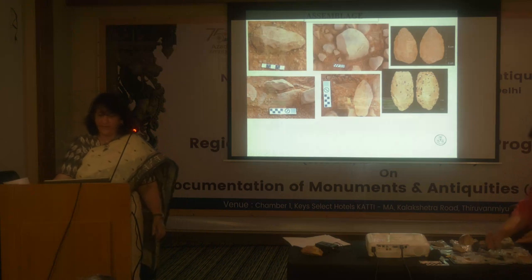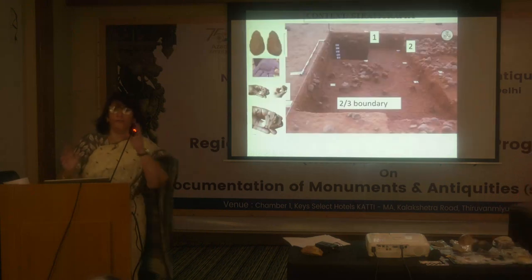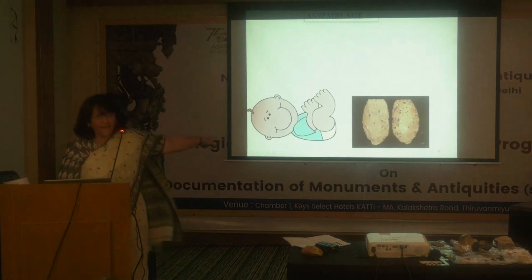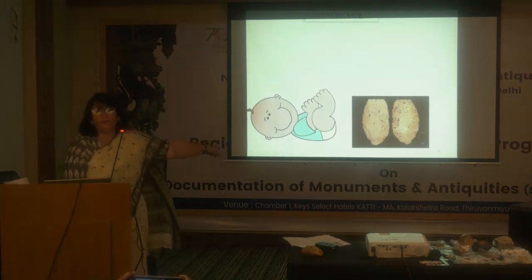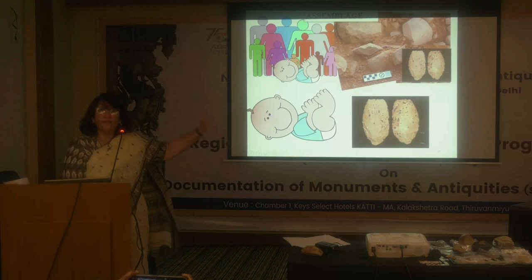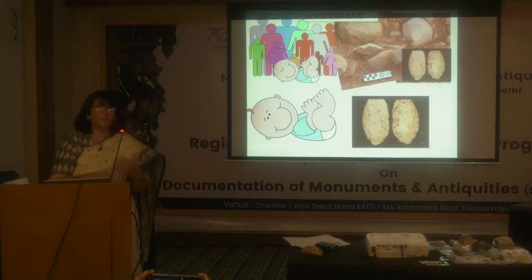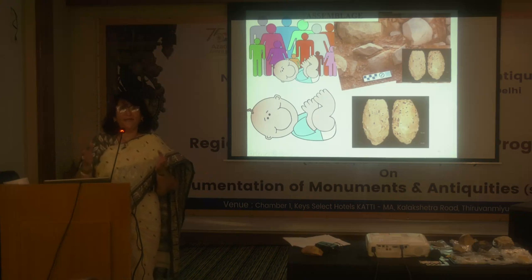An assemblage is everything which you get at a particular site. An individual artifact is like a lost baby. Once you put it in the assemblage, you get the whole family structure, and then you are able to build better understanding of the context, the cultural phase, and everything else related.